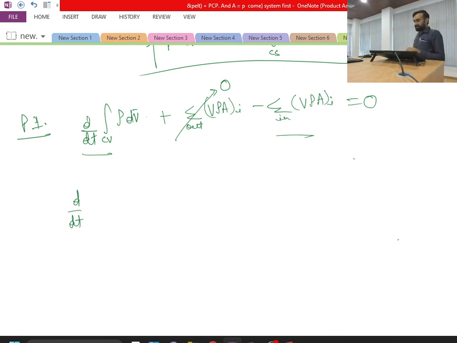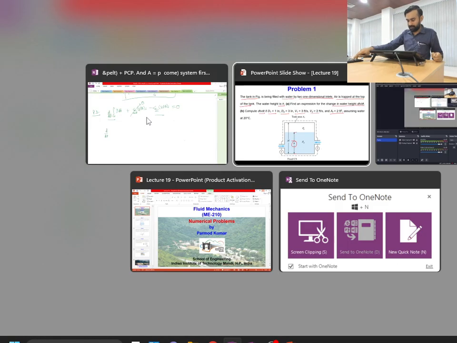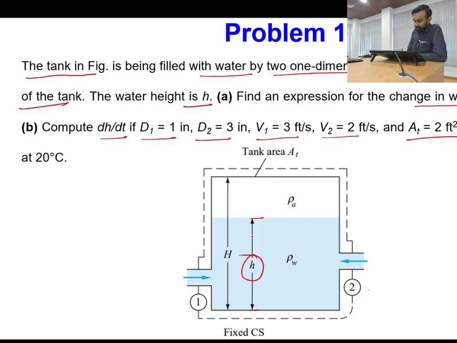Okay, so what is the present height of water in the tank? Present height of water in the tank is h. Rho w is density of water, At is area of tank. So presently mass of water in the tank is how much? Rho w At into h. This is the mass of water in the tank.